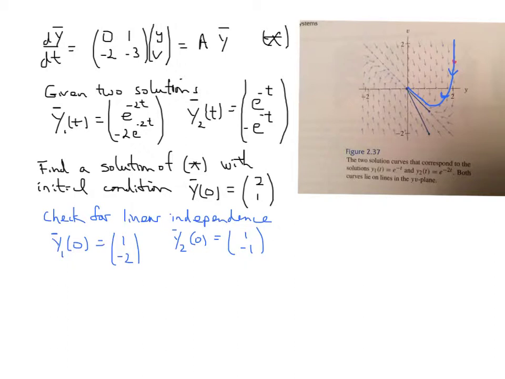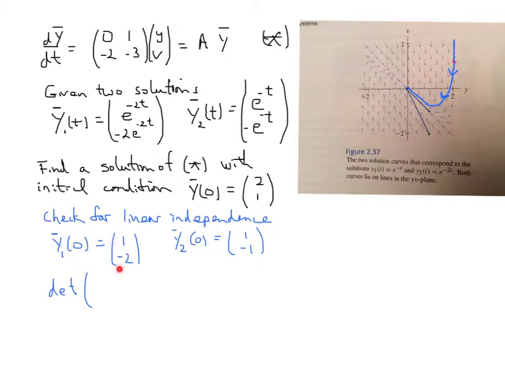I asked the question for linear independence, are these two vectors constant multiples of one another? Can I multiply this by a constant to get this? And the answer is no. A better test, or another test, would be to look at the determinant. And so I look at the determinant made up of columns.